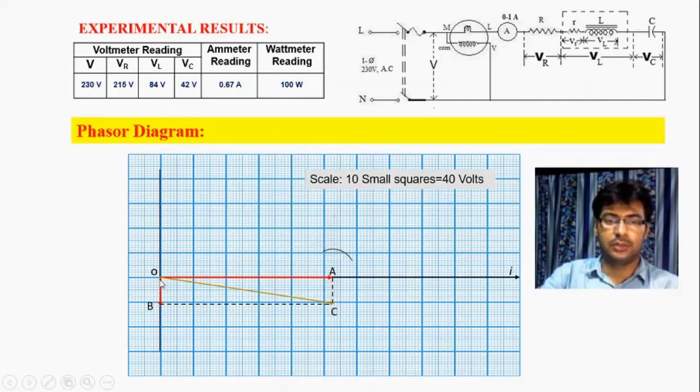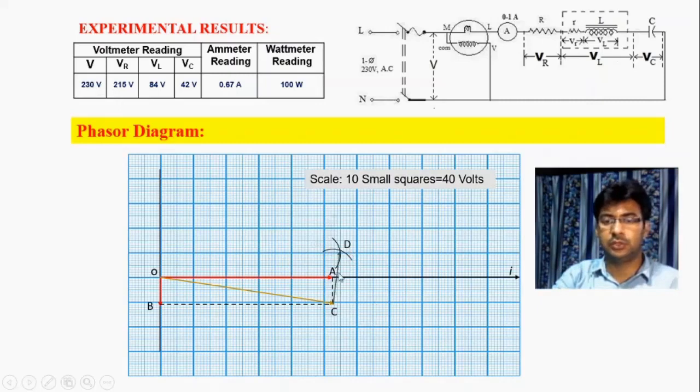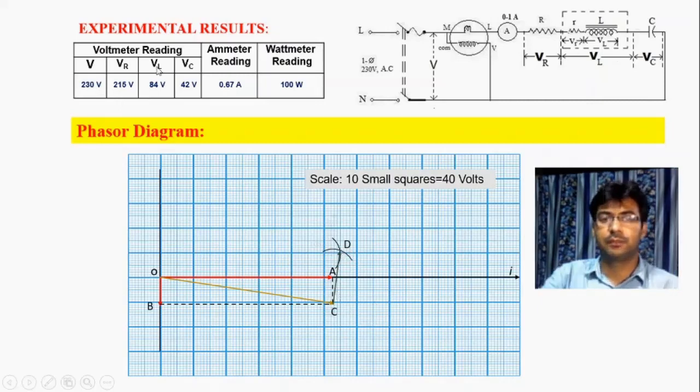Similarly, considering O as center and supply voltage V as radius, we have to draw another arc intersecting the previous one at point D. Now join these 2 points C and D. Thus CD will be the phasor representation of VL, that is voltage drop across the choke coil. Now join OD, and OD will be the phasor representation of the supply voltage.